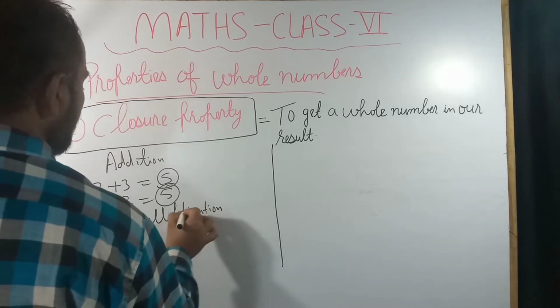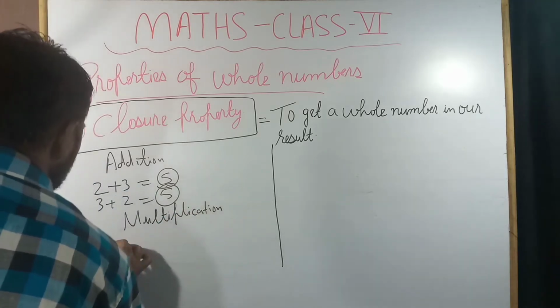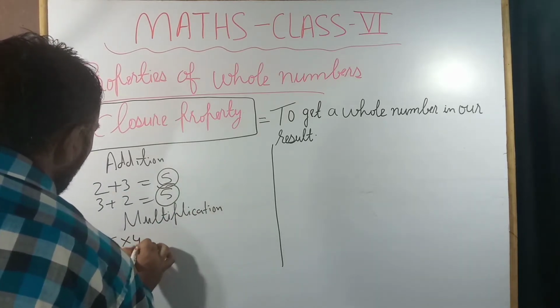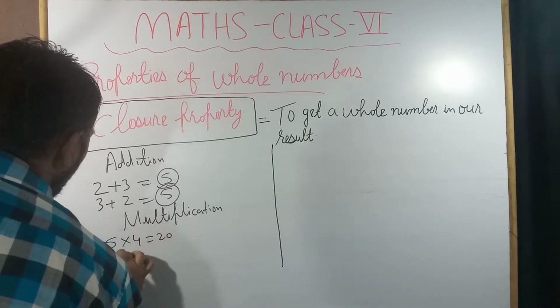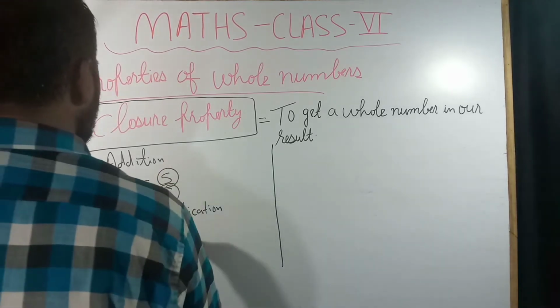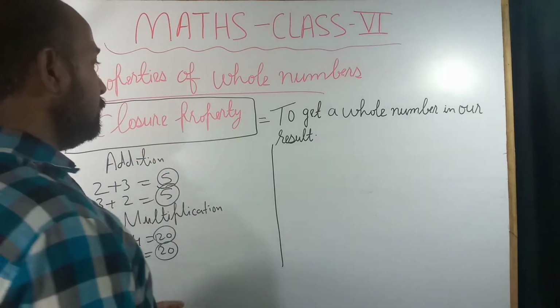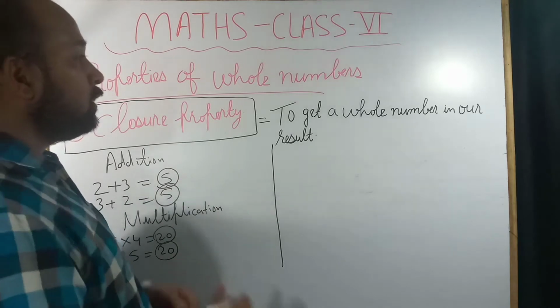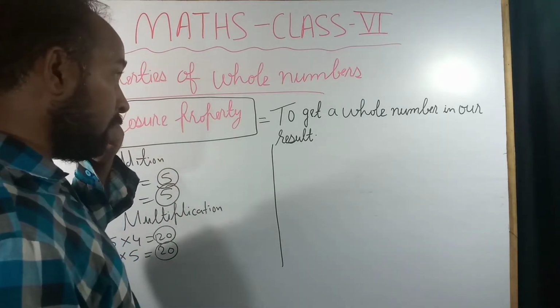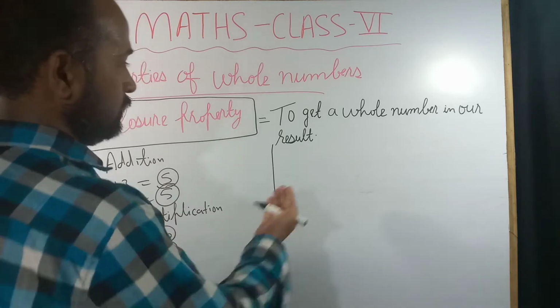In the case of multiplication, 5 multiply 4 is 20, 4 multiply 5 is 20. So in all cases we have a whole number. But in the case of subtraction and division, we will not have a whole number at all places.